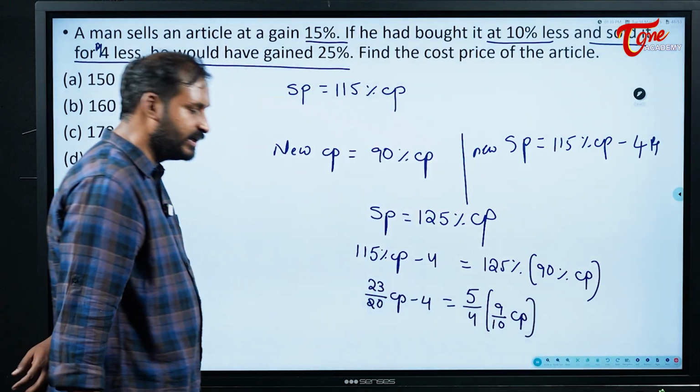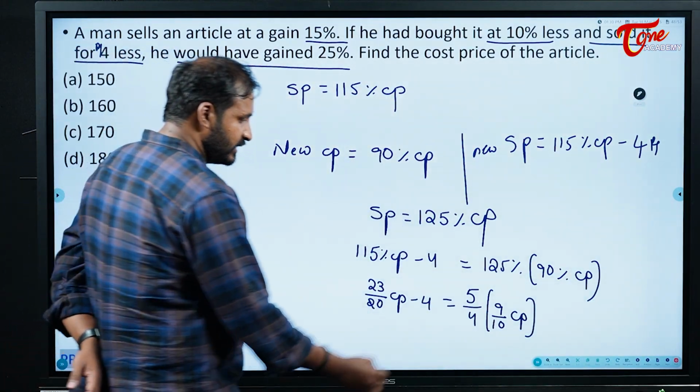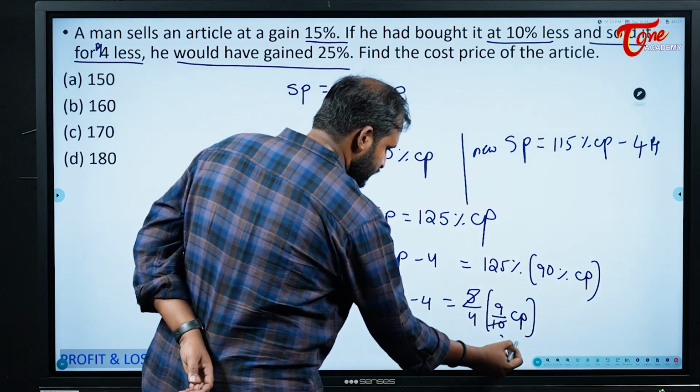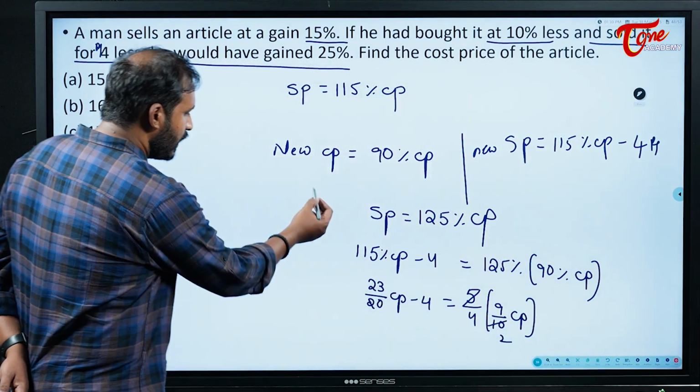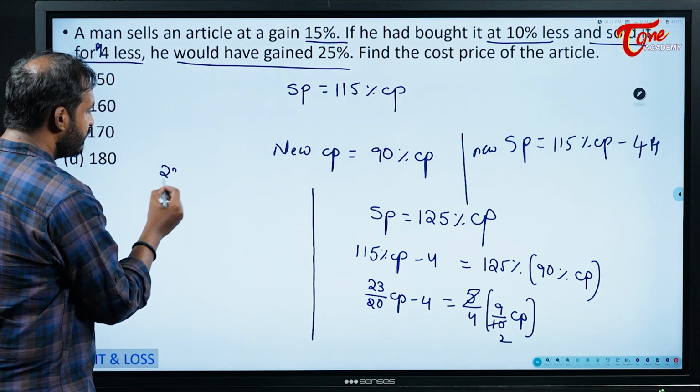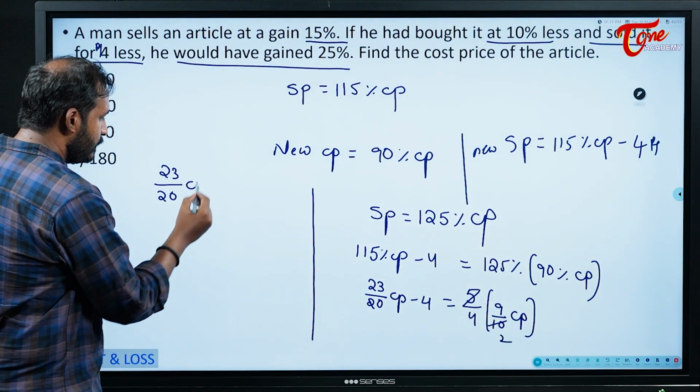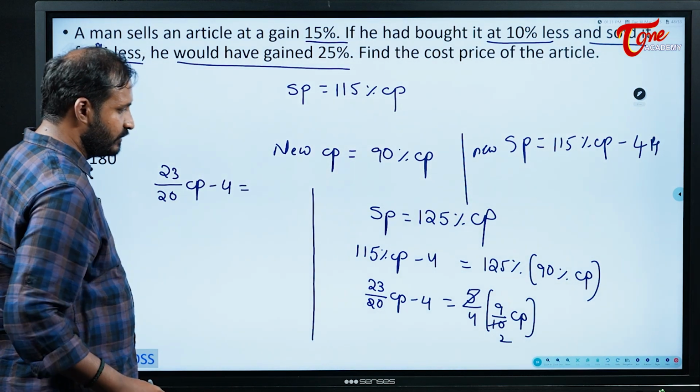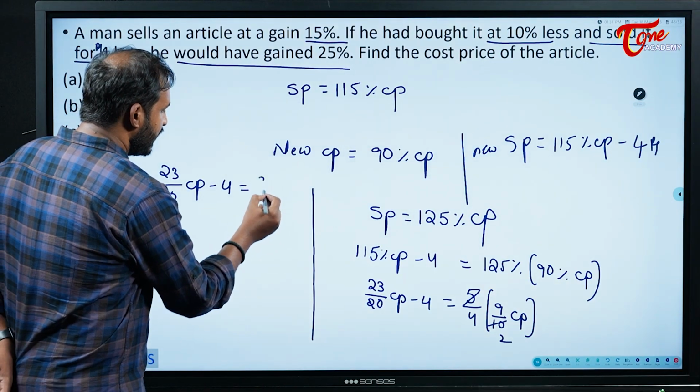I am converting everything into fractions for quick calculations. So 5 ones are 5, 5 twos are 10. Now, what happens here for me? 23 by 20 CP minus 4 is equal to 9 by 8 CP.